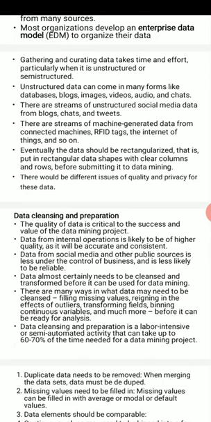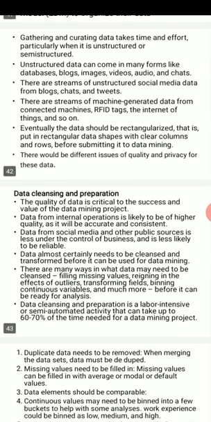As I told previously, data cleansing and preparation is a labor intensive or semi-automated activity that can take up 60 to 70% of the time needed for any data mining project.